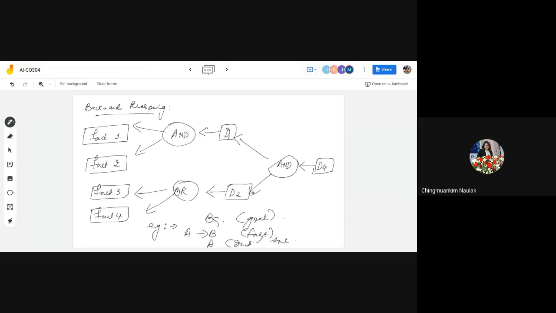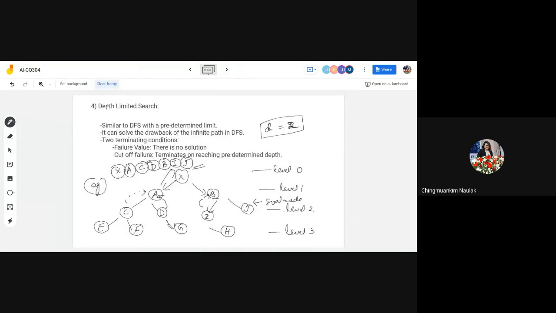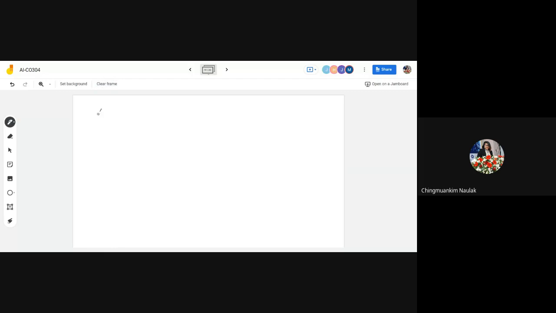So let's say B denotes Tom is sweating. This is the goal node, right? And the rule is, if a person is running, he will sweat.